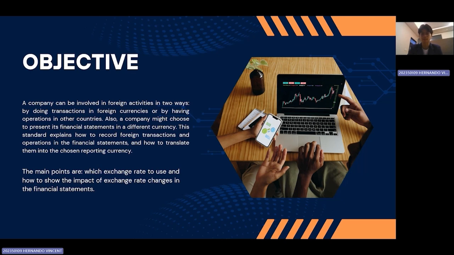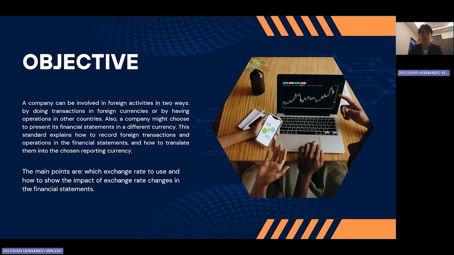Okay, the objective. As global business becomes increasingly interconnected, many companies now operate across borders. These international activities can create complexities when preparing financial statements. A company might engage in transactions that are denominated in foreign currencies, or it might operate branches or subsidiaries in different countries with different local currencies.